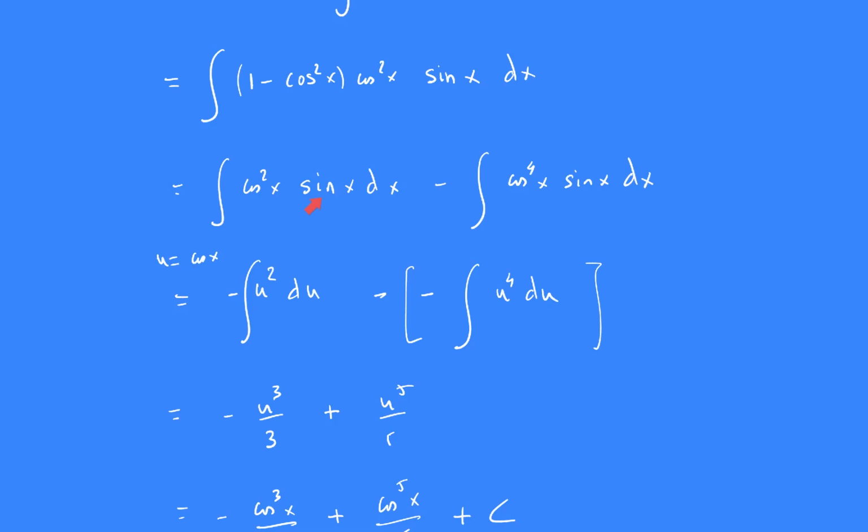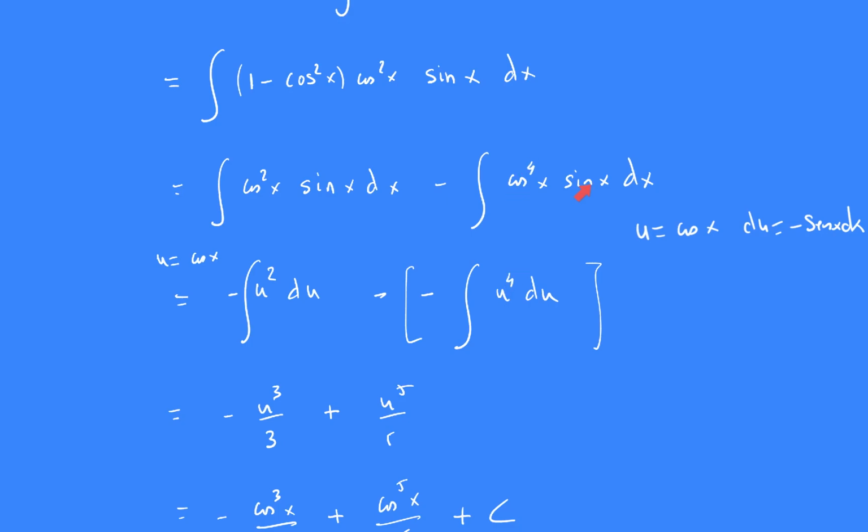So du will be minus sine of x dx. So u is cosine of x, du is minus sine of x dx. So the integral will be u squared, minus sine of x dx is du, minus the integral of u to the 4.